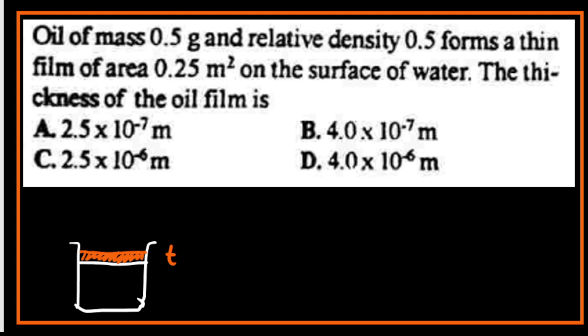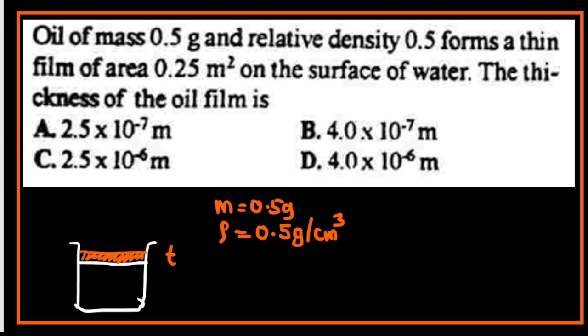The mass of the oil is supplied as 0.5. The density of the oil you also know. The relative density is given as 0.5. Automatically the density is 0.5 gram per cm cube. What will you use this information to get? Of course, that will be the volume of the oil.